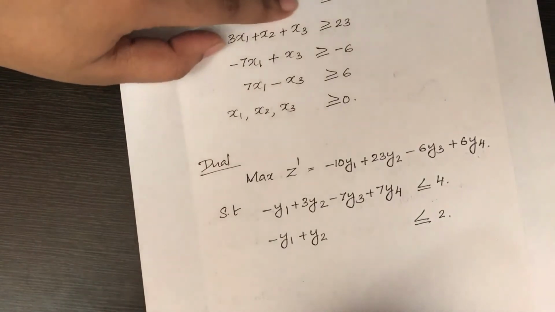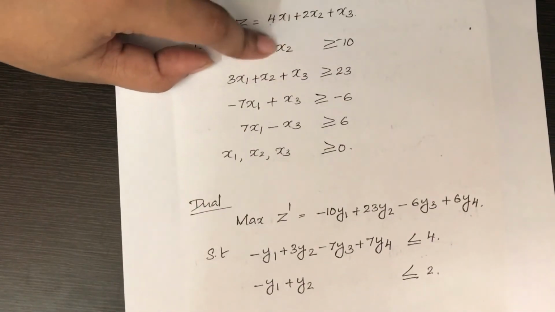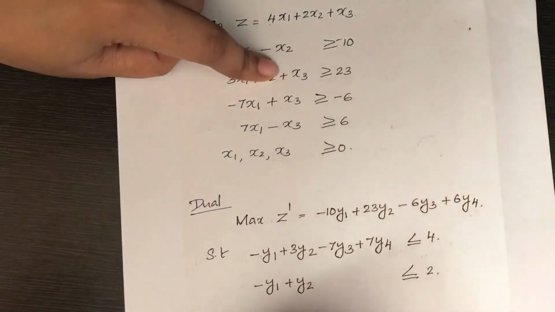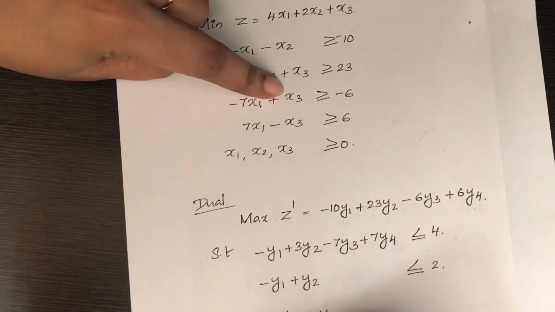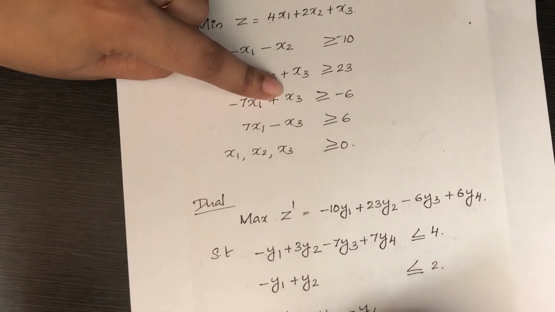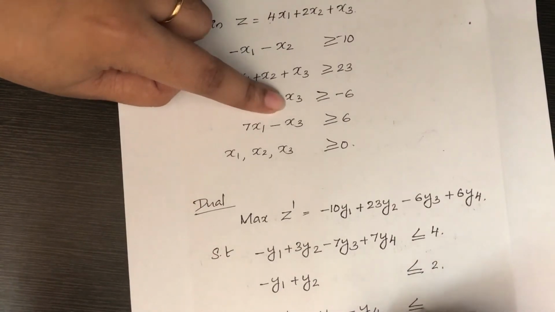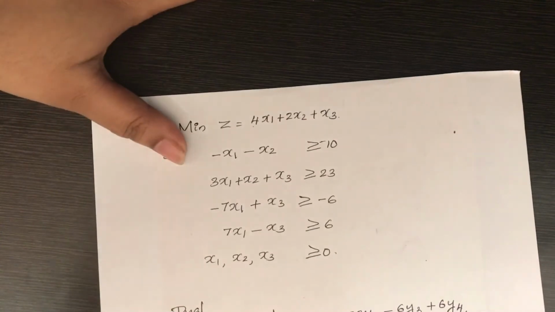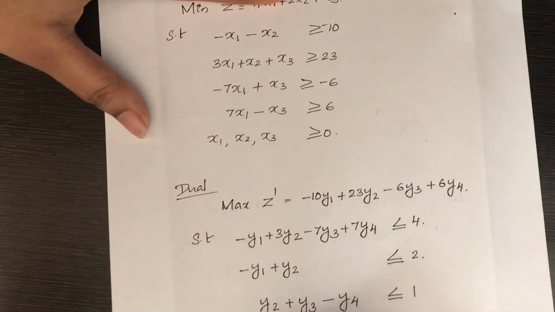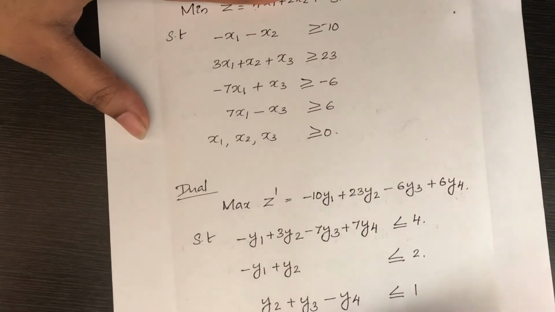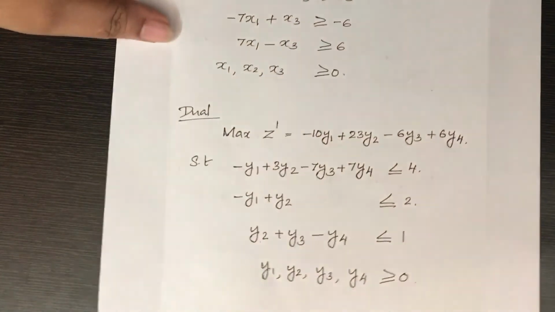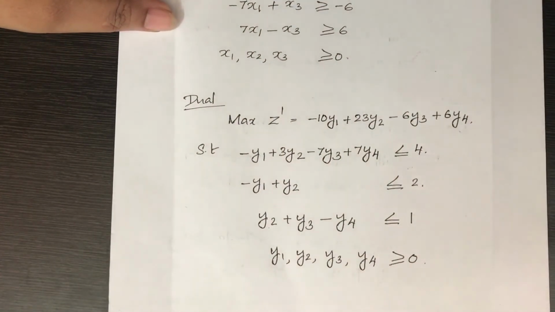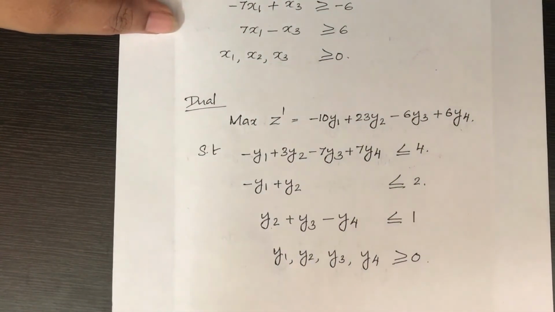Third, for x3, 0y1 no term, y2 plus y3 minus y4 less than or equal to 1, and y1, y2, y3, y4 greater than or equal to 0. This is the dual of the primal.